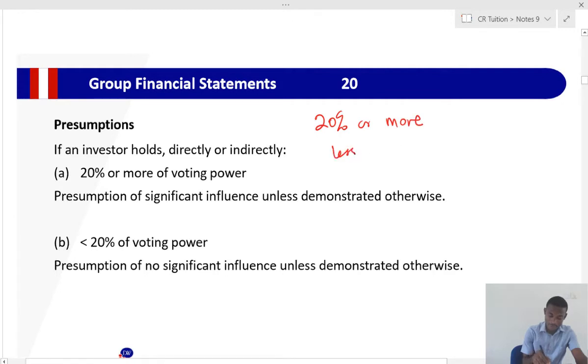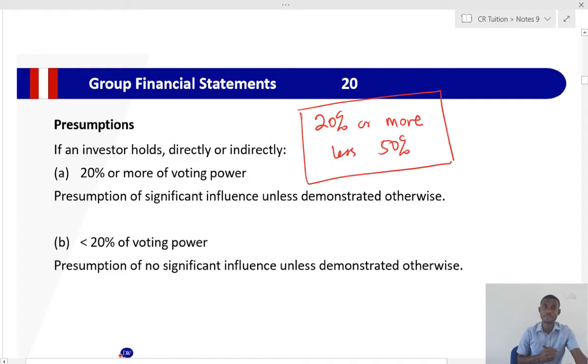Now, for the absolute values, IAS 28 says that investments of 20% or more, but less than 50% indicate significant influence in terms of absolute value. So if you have 21, 22, 25, 30, 40, 45, 47, 48, 49, all of these are significant influence.